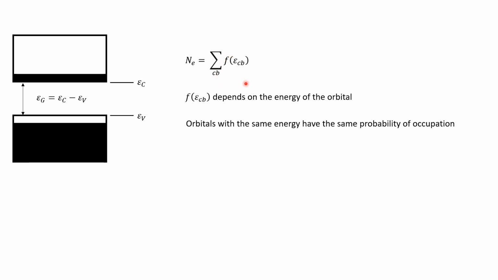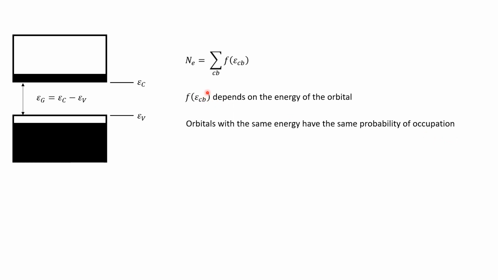Now recall that the only information about the orbital that enters into the Fermi-Dirac distribution is the energy. So that means that orbitals with the same energy have the same probability of occupation.